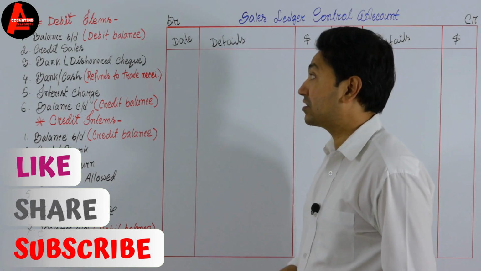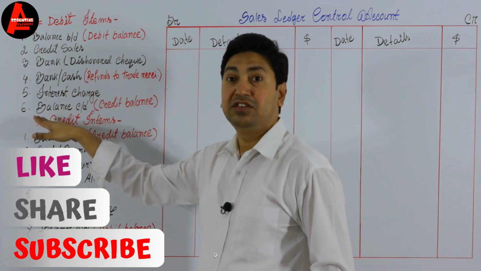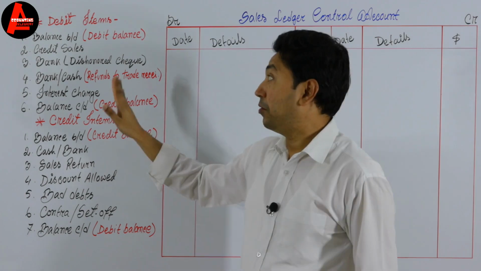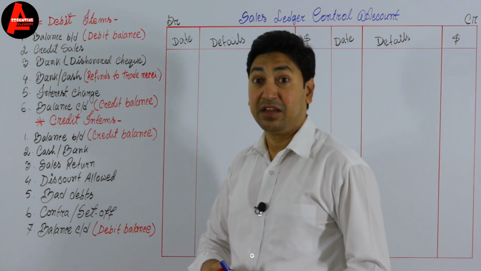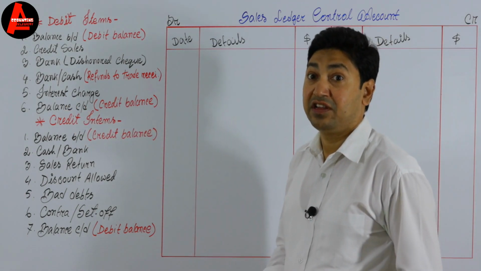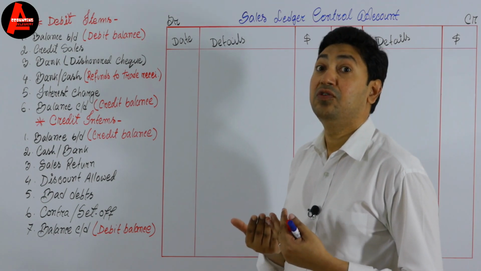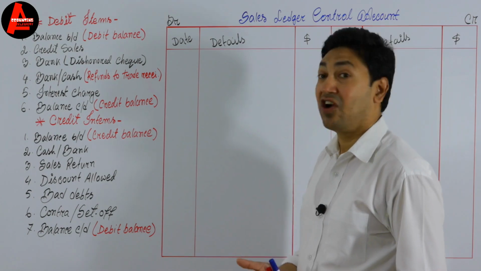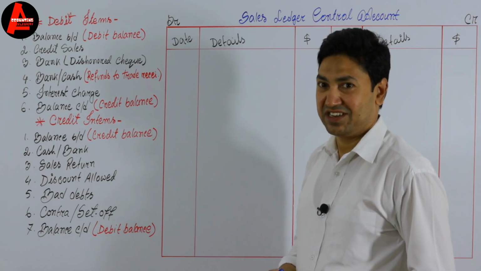Maybe in the exam papers you have all 6 items, maybe you have 2-3 items, depending on the question. But if you can remember these items, it will be much easier for you to answer all types of sales ledger control account related questions.